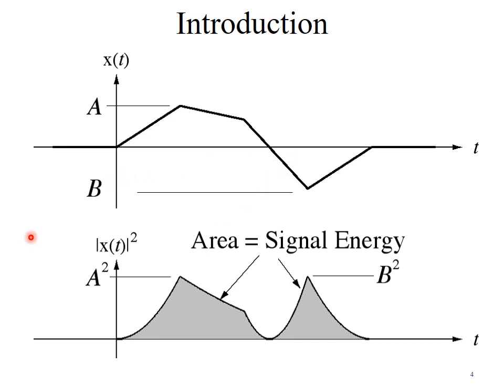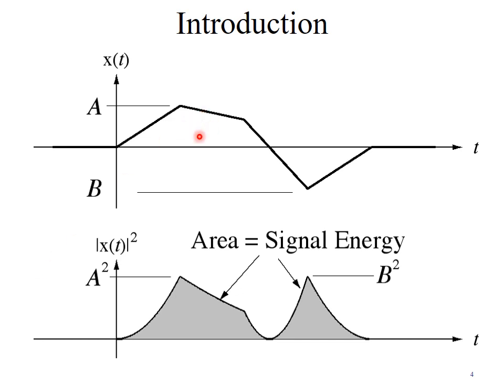In order to solve this problem, we can first compute the square of the signal and then find the area under the curve, right? In that way, you will find the correct strength of the signal. When you take the square of the signal, the negative part will be converted into a positive sign, and the area under the curve can then be added together to find the energy content in the signal.